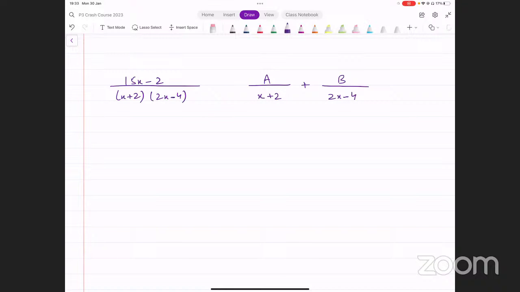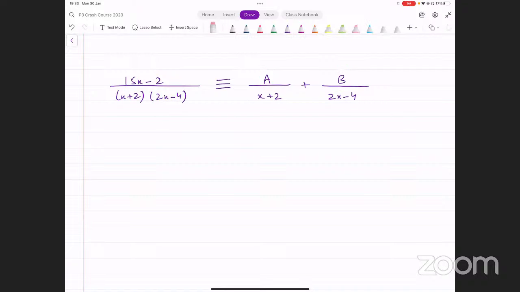So the left-hand side here and the right-hand side here are identical to each other. That means they're going to be true for all values of x. No matter what value of x we input here, they're always going to be true. Now this is going to be important because we will be using this idea to find the values of A and B.